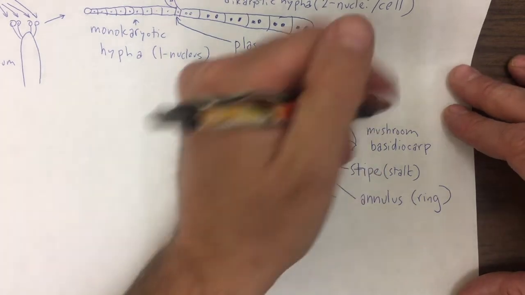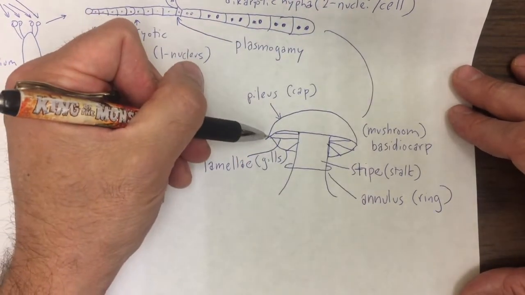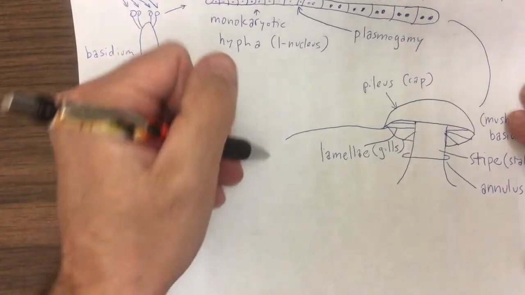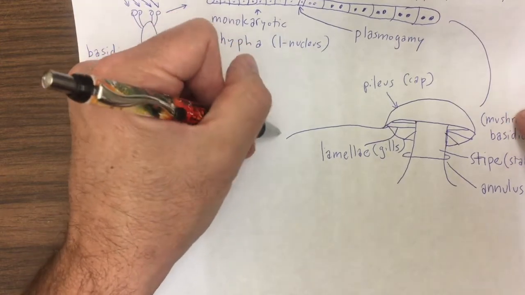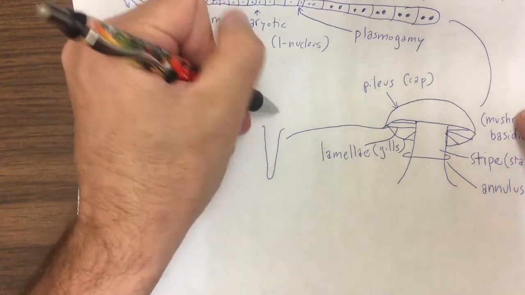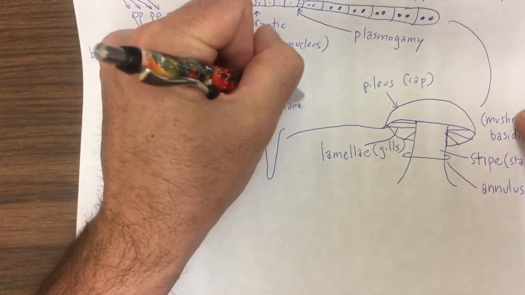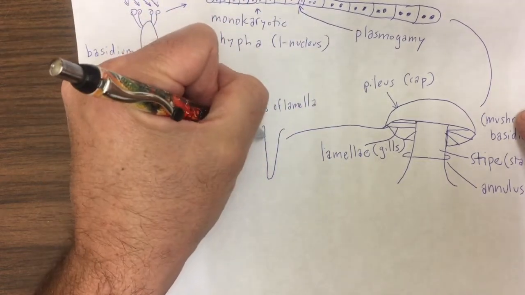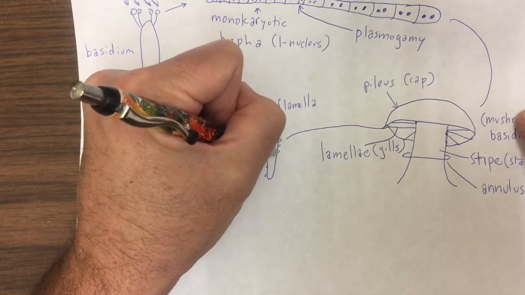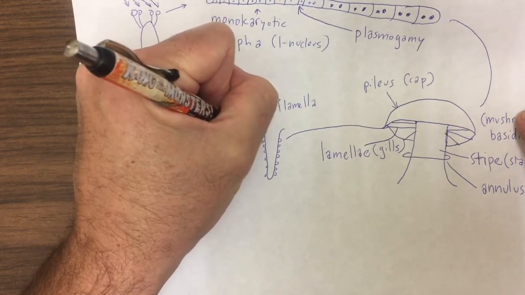So the basidiocarp, or mushroom, has on these lamellae, if we were to cut a lamella, so this is like a cross section of a lamella, and we looked under the microscope, we'd see it has lots and lots of little basidia on it.